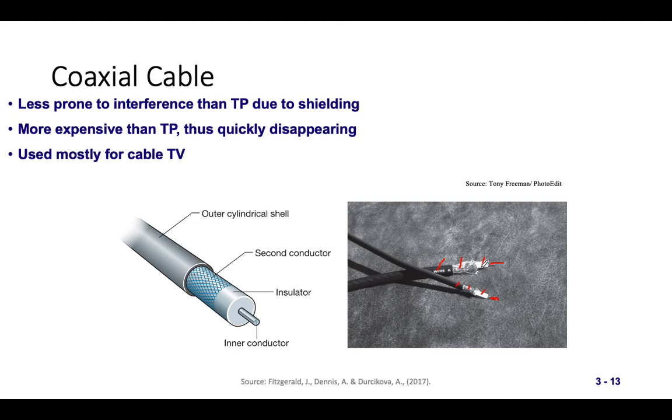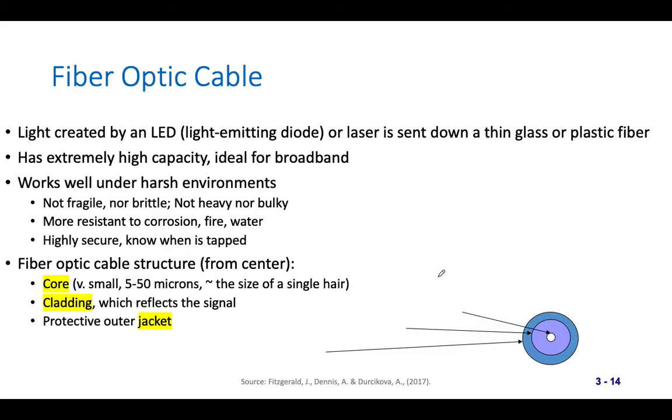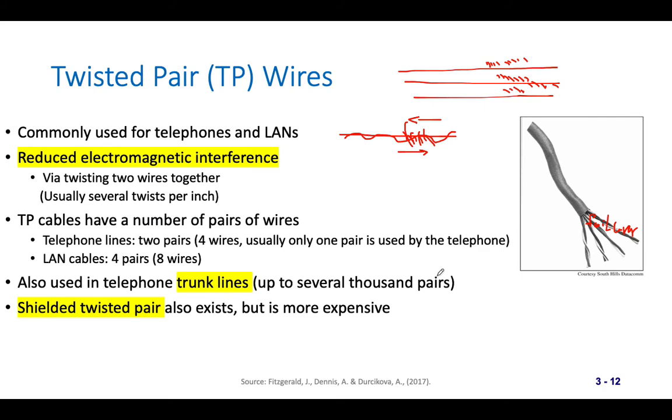At the same time, we protect it against the electromagnetic signal as well. It is less prone to interference and more expensive, sure. However, it can carry much more data than the twisted pair.